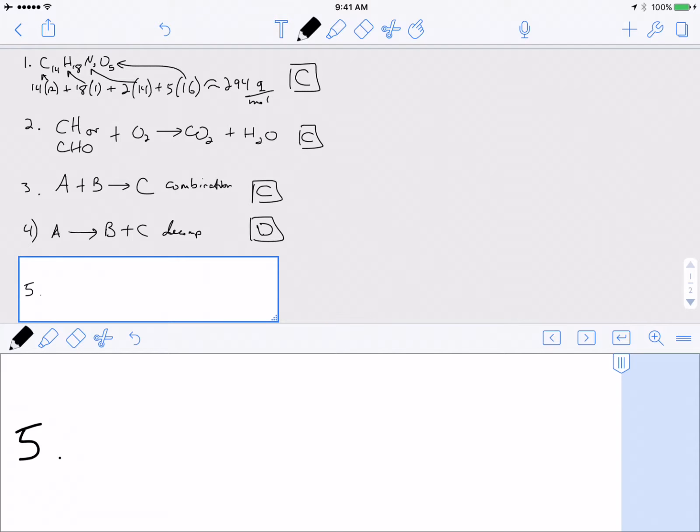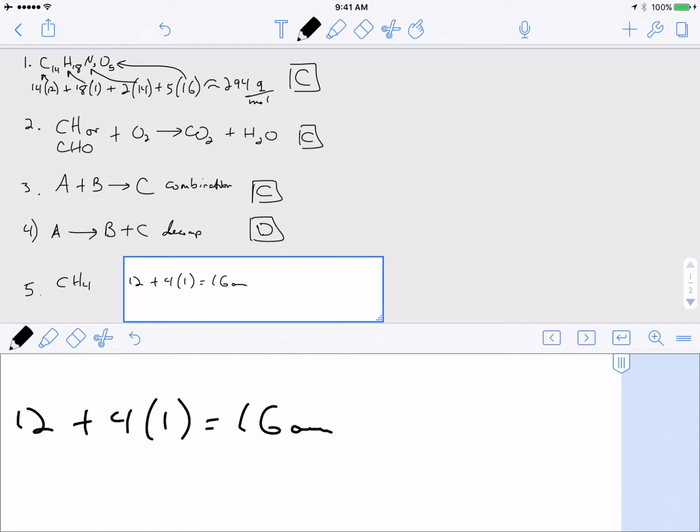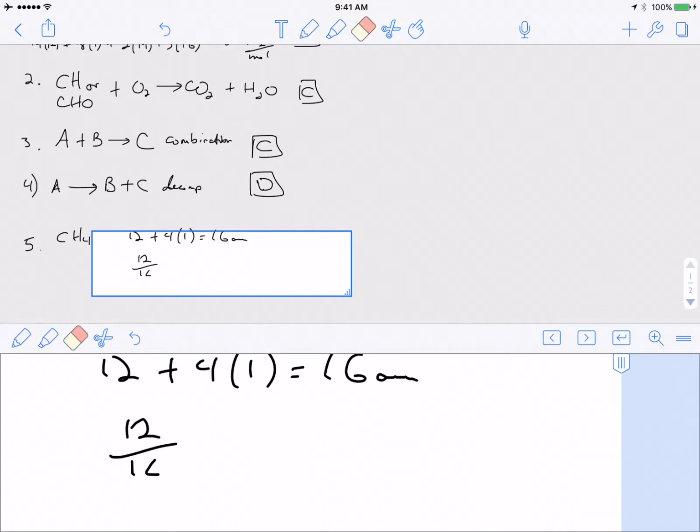Here we go, looking for the mass percent of carbon. Well, in CH4, carbon is 12, and there's one of those, plus 4 times hydrogen, which is 1, for a total of 16 AMU total. Now, of that total, 12 is carbon.